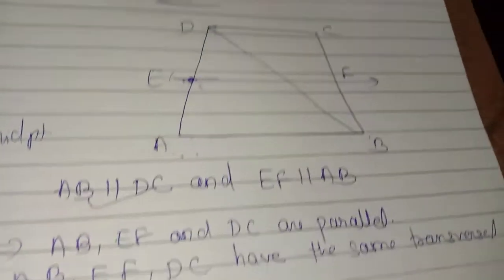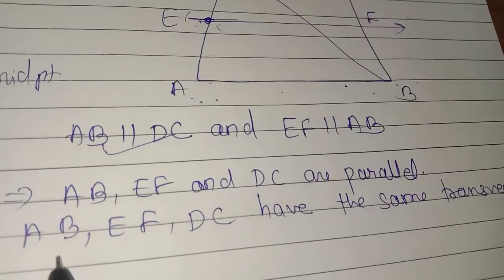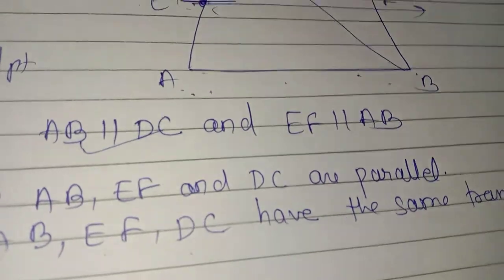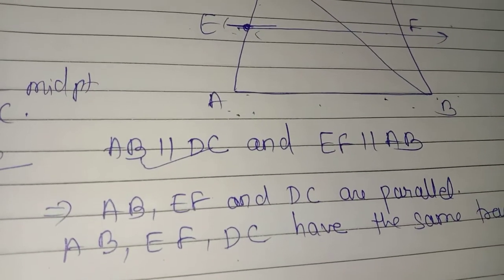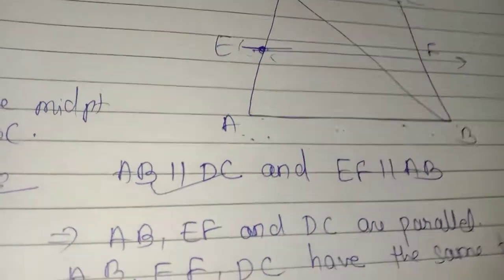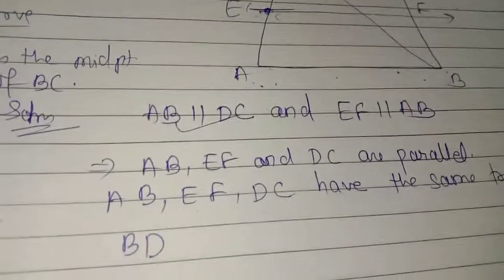Transversal means, if the lines are parallel, then the intersecting line. So AB, EF, DC have the same transversal, that is BD. Okay, so BD is acting as a transversal.